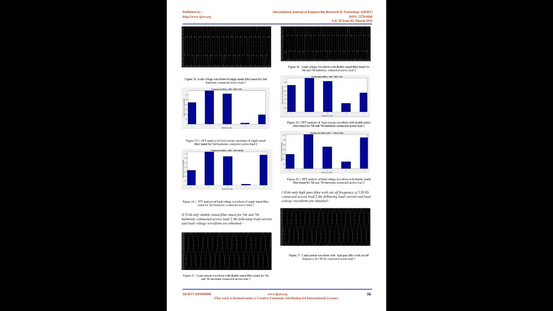The above block diagram, figure 9, is named load_2_with_shunt_active_power_filter and can be subdivided into shunt active power filter and non-linear load. An additional powergui block, discrete, is present here with a sample time of 5 microseconds.